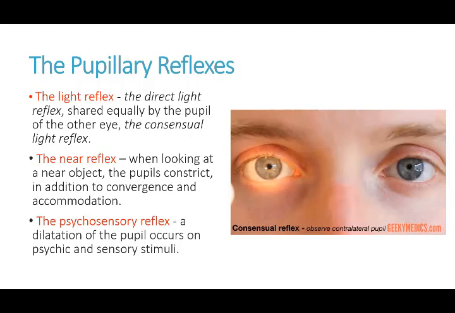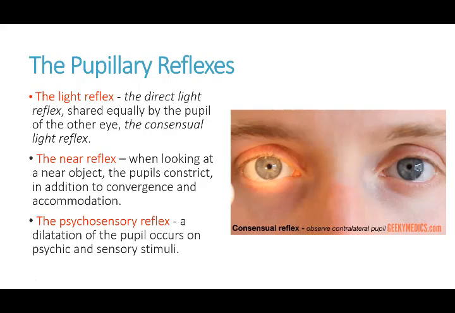Okay? And then there is the near reflex. When we start to read something, when we bring something close to our eyes, the pupils constrict in addition to convergence and accommodation. Convergence means when both eyes move closer together. Okay, that is adduction.